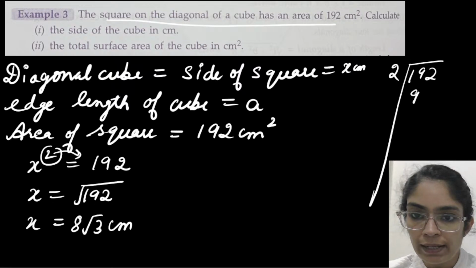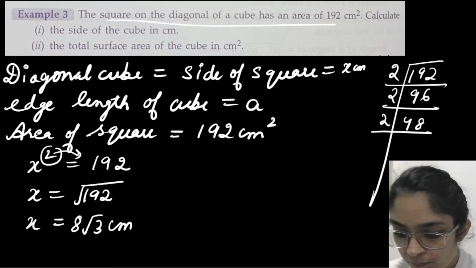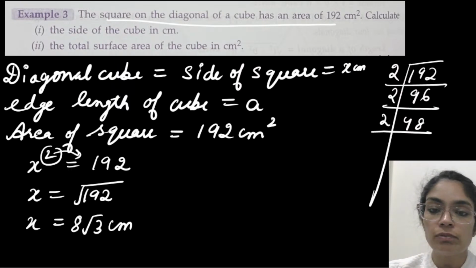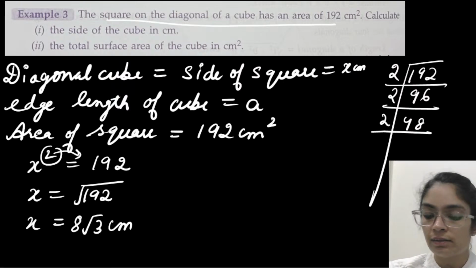So 2 into 96 is 192. 2 into 48. 2 into 24, then 2, 12, 2, 6, 2, 3. We cannot find a proper value, but in terms of root we can find it. So don't calculate in decimals because we don't need it in decimals.